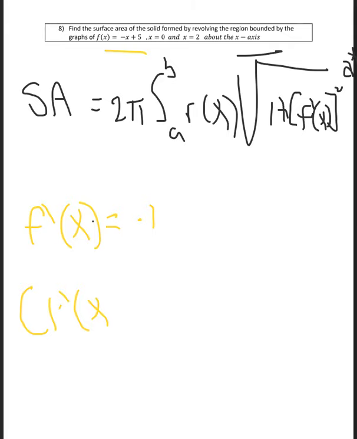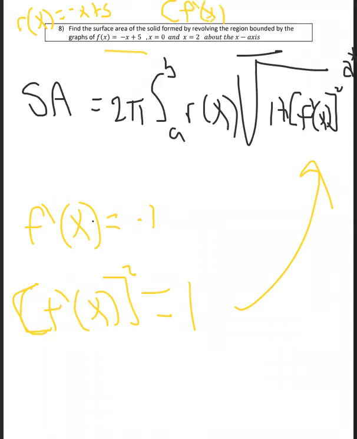When you square it, that's just 1. So really, what you plug in over here is just 1. So before I plug things in, I like to write them at the top. So r of x is -x plus 5, and f prime of x squared is just 1.